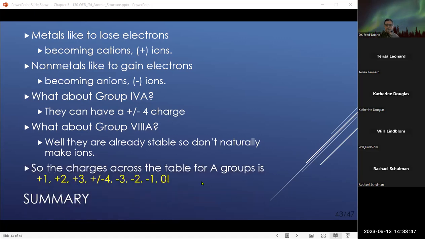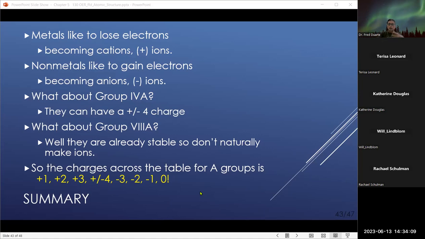These numbers give you an idea of going from group 1A at the far left of the periodic table to the far right, which is 0. So +1, +2, +3, group 4 could be positive or -4, and then after that we start gaining electrons: -3, -2, -1.